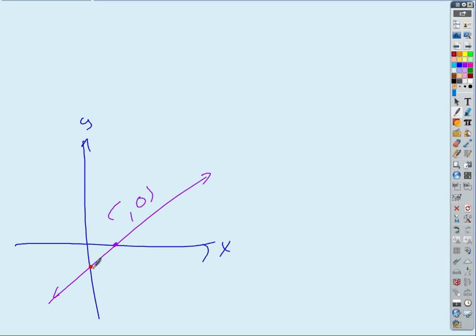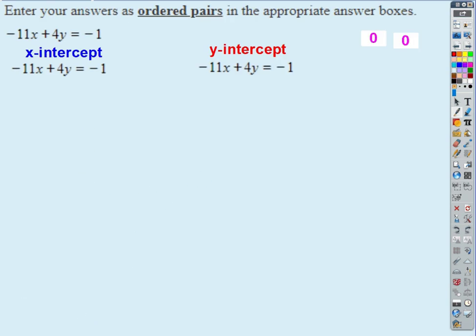Same kind of deal. For the y-intercept, what must be 0? X. Yeah, the x-coordinate has to be 0, right? We don't know what y is yet, but the x-coordinate has to be 0 because it's lined up vertically with the origin, right?